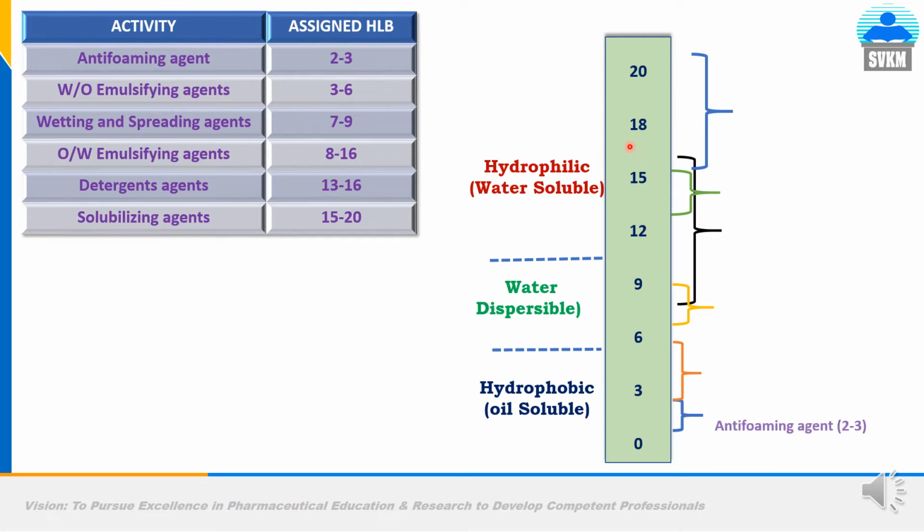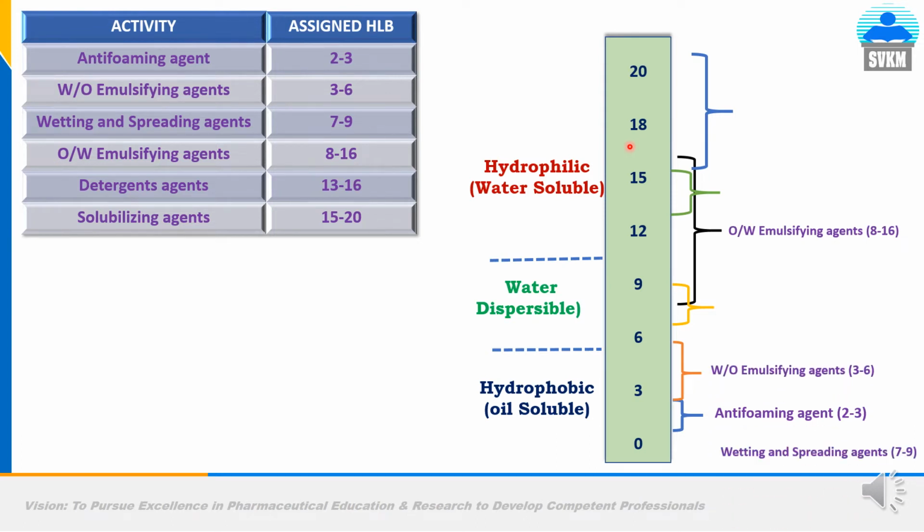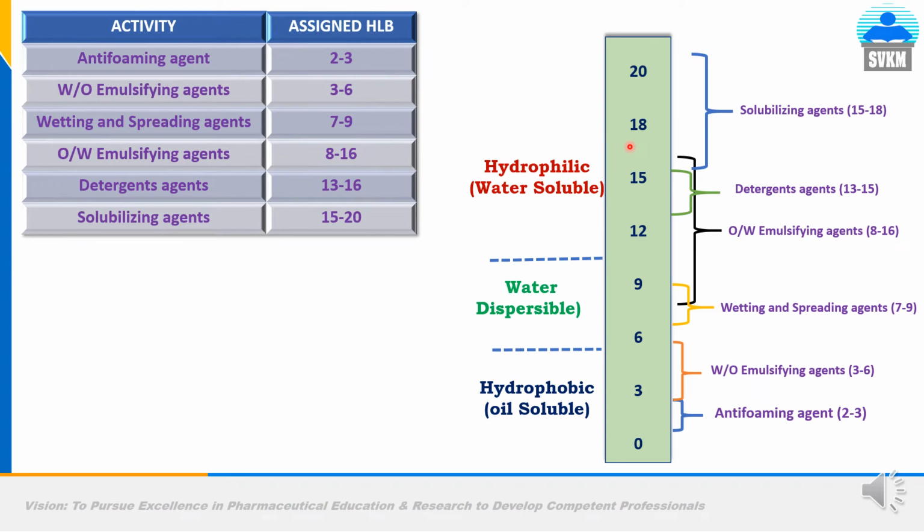On the right hand side, we can see the different classifications of your surfactant molecule based on their HLB value. Let us take an example. If your surfactant molecule has an HLB value between 2 to 3, it means that your surfactant molecule is an anti-foaming agent.